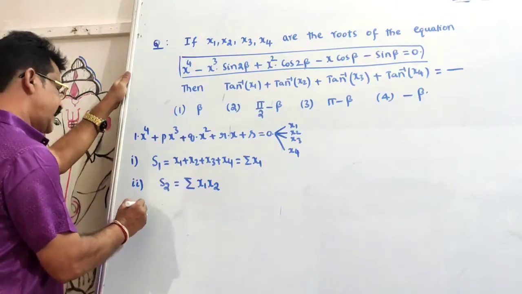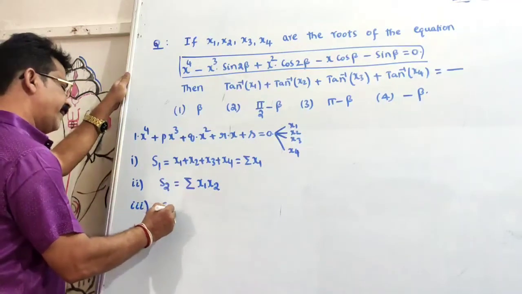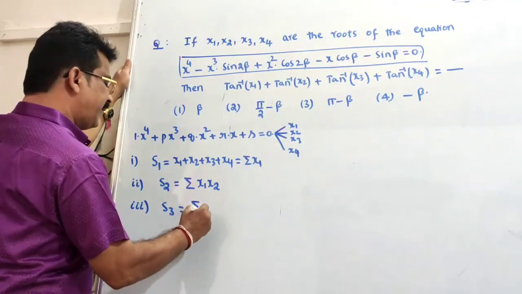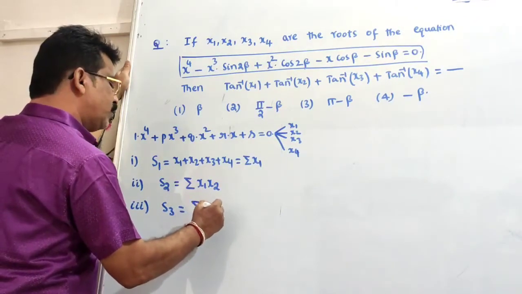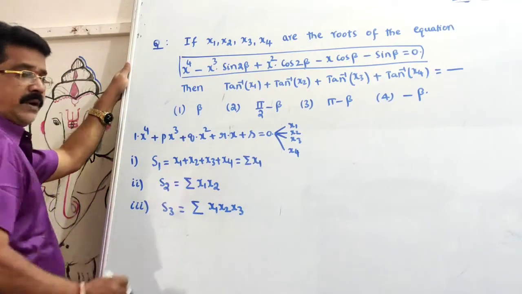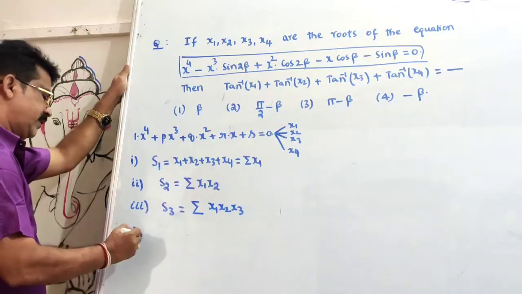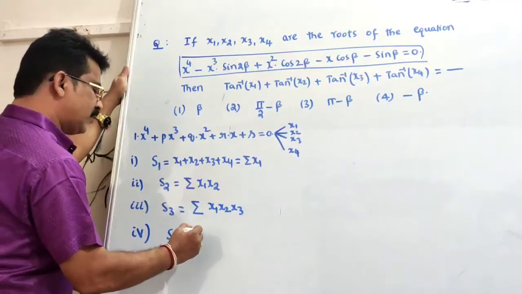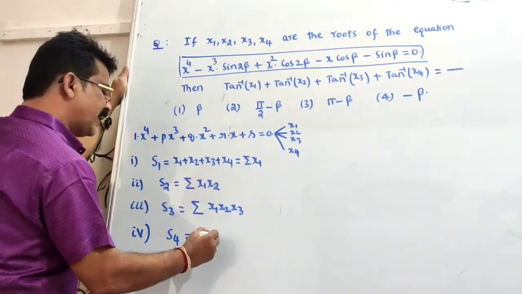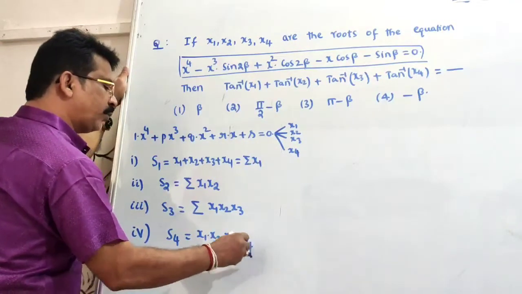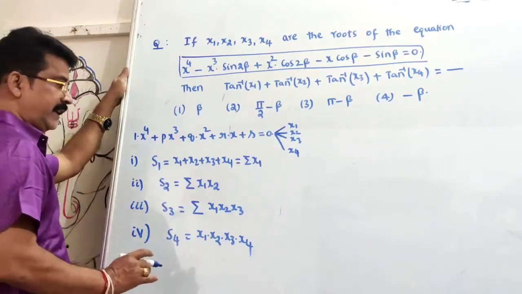Next, the third sum, S3, is the sum of the products of the roots taking 3 roots at a time, x1 x2 x3. Next, the fourth one is represented by S4. It is only the product, x1 into x2 into x3 into x4. These are the 4 different values.